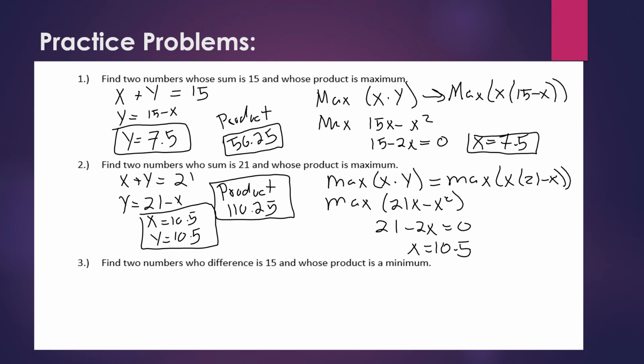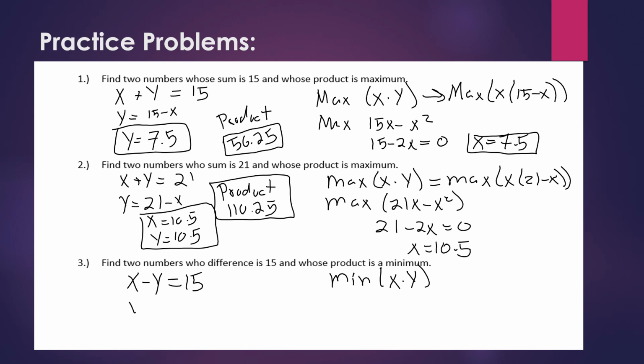They say find two numbers whose difference is 15 and whose product is a minimum. So we're saying a difference: x minus y equals 15, and we're trying to minimize x times y.